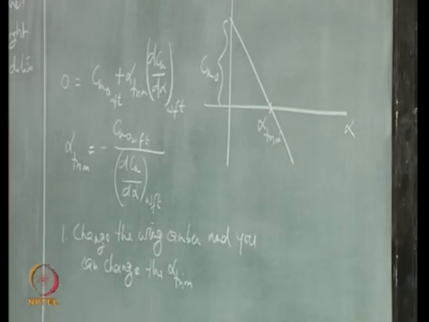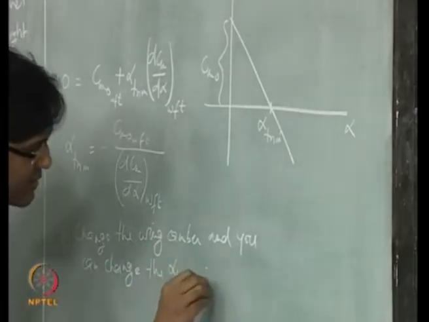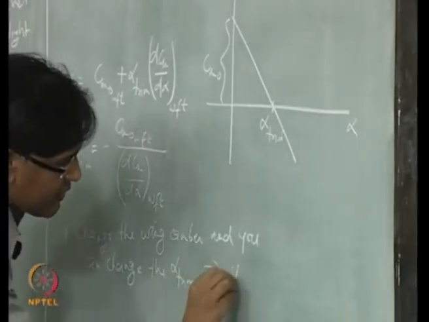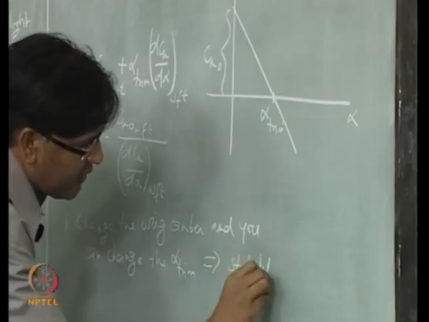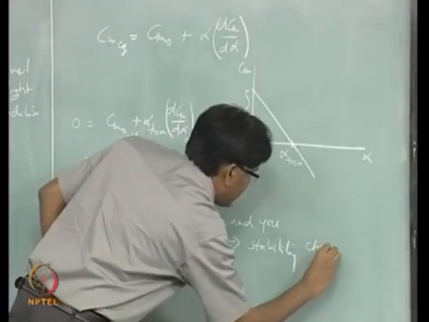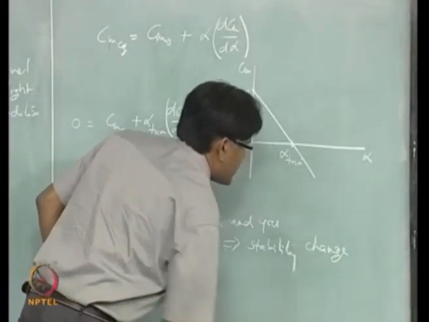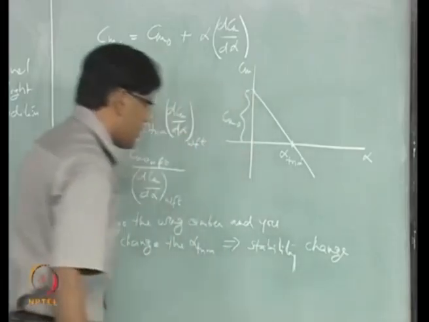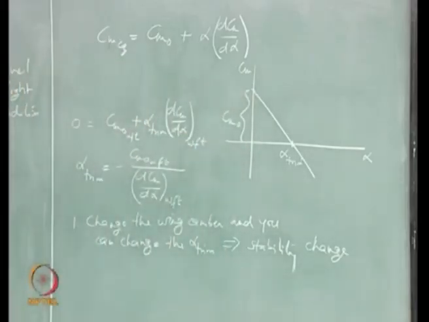When we say that we are changing the wing camber, we are also changing the flow field behind the wing, and that is going to affect the downwash on the tail, and that will have in turn effect on this dCm over d alpha. So, stability is going to change. So, this means stability change, right.